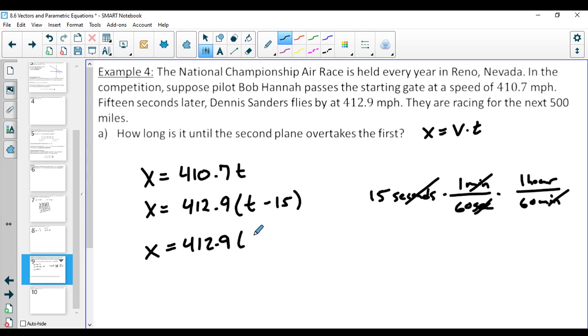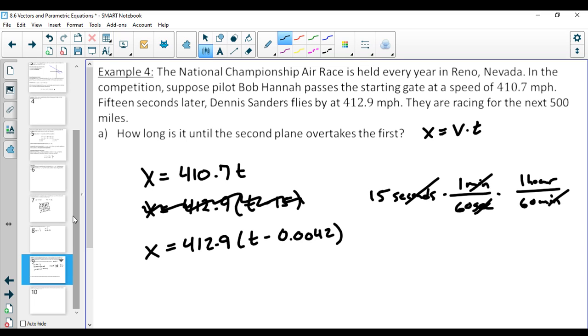And what we end up getting is not t minus 15, but t minus, and my calculator is out of battery, so I'm just going to trust the book, 0.0042, just from dividing 15 by 60 twice, or multiplying it by 1 over 3,600. So this one's bad because we didn't want the minus 15.